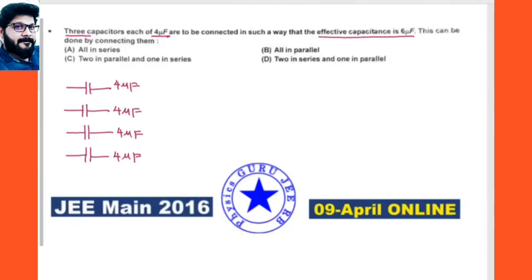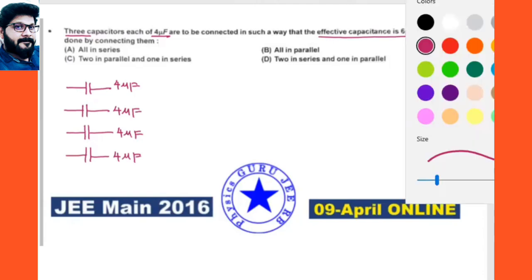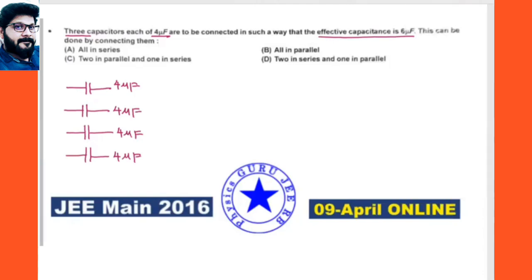So first thing, to get 6 microfarads, these capacitors, how do we have to connect? Let us take all are in series. Option wise, when we go, all are in series. Let us go with all in series. What is the formula for series? Now let me take it as C1, C2, C3, C4, all equal to C. Can you tell me what is the formula for series?